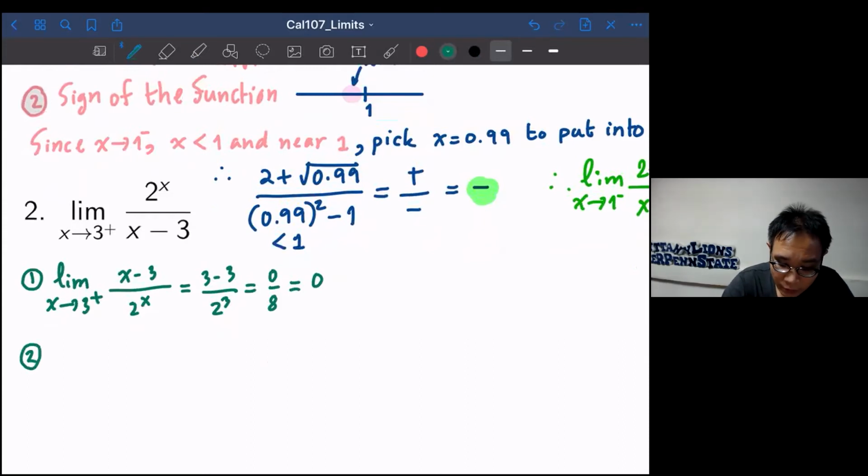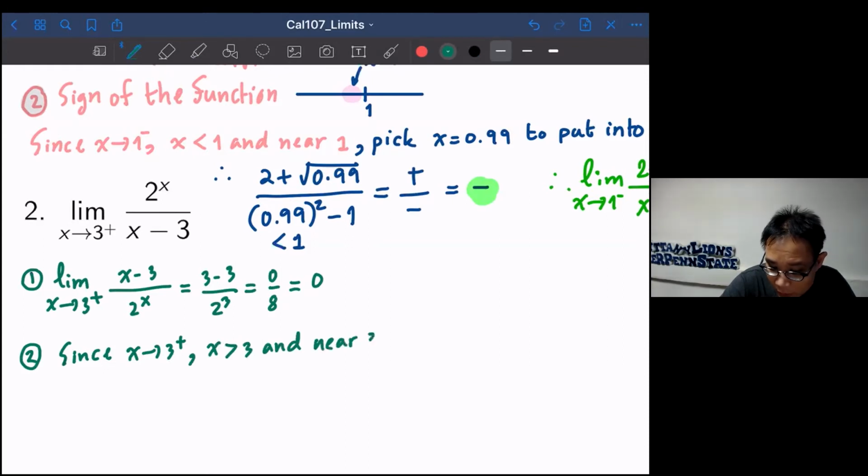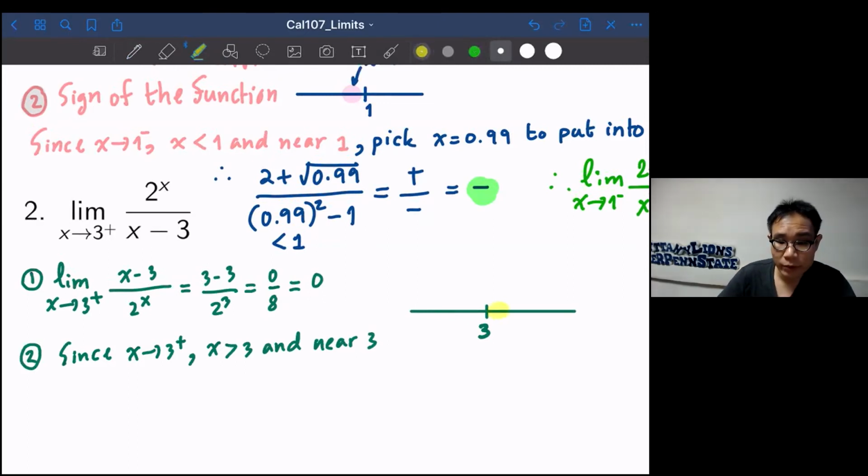And number 2, you're going to have to check the sign. Since x goes to 3 from the right, we have x more than 3 and near 3. So you're going to have 3 in the middle and x near 3, somewhere here, from the right side.